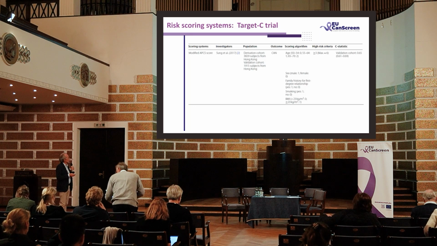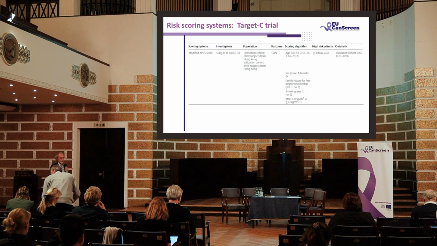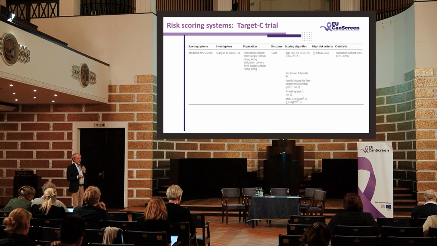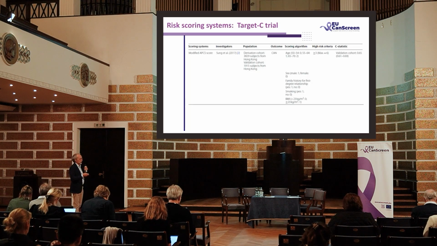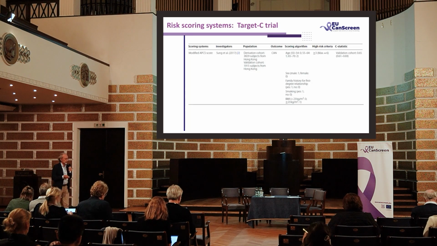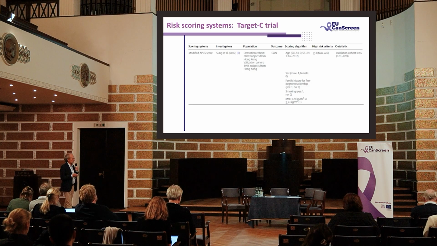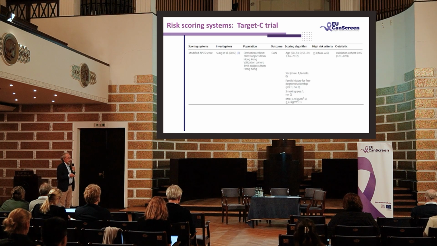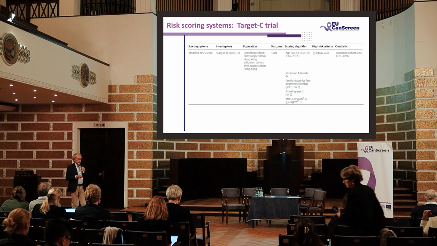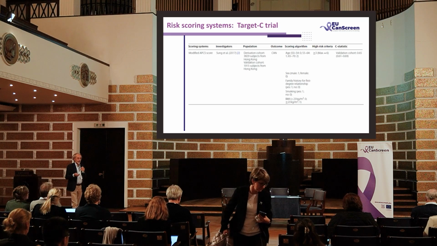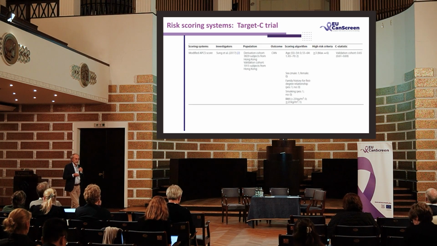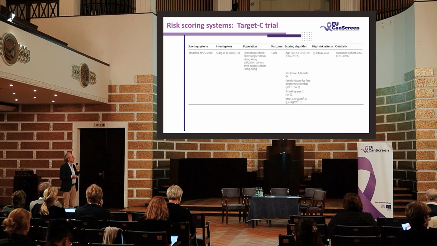I will go through a couple of examples based on ongoing trials of risk-based approaches in colorectal cancer screening to show some of the issues related to the need for evidence. This is referred to a targeted trial which has been conducted in China, one of the first trials using a risk-stratified approach to offer cancer screening.